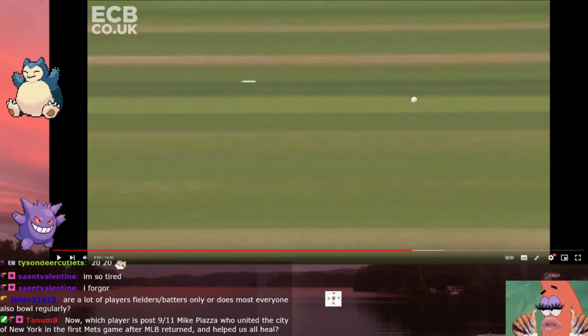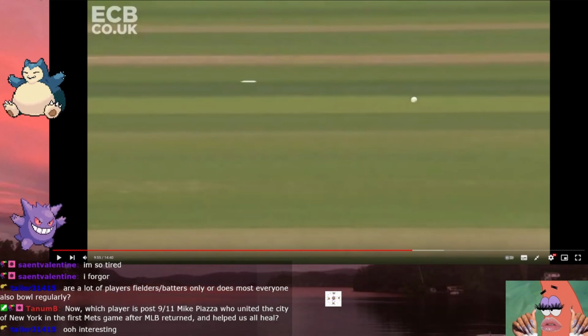In a T20 game, no bowler can bowl more than 4 overs. So it's written in the rules that you must have at least 5 people who bowl. Most of the time, teams will have 6 people, probably.